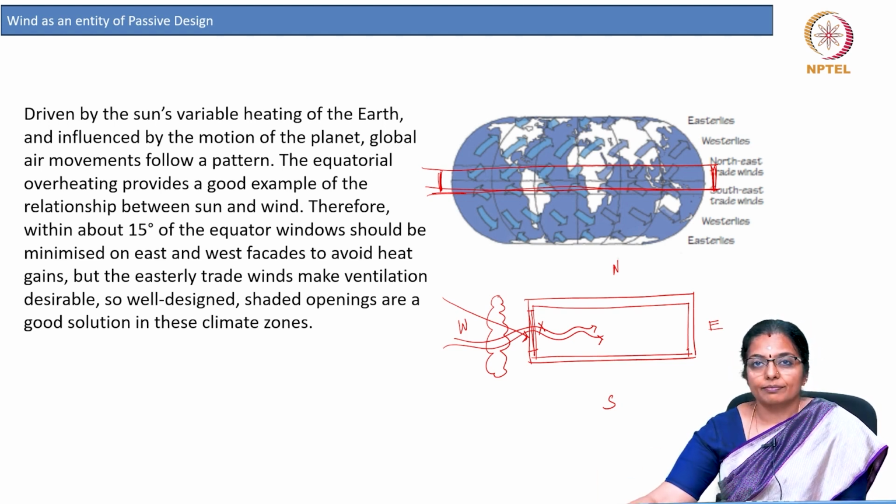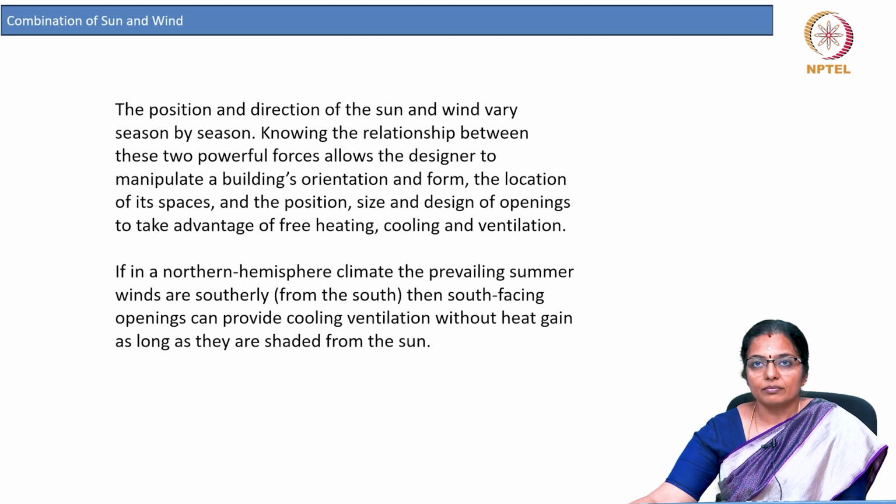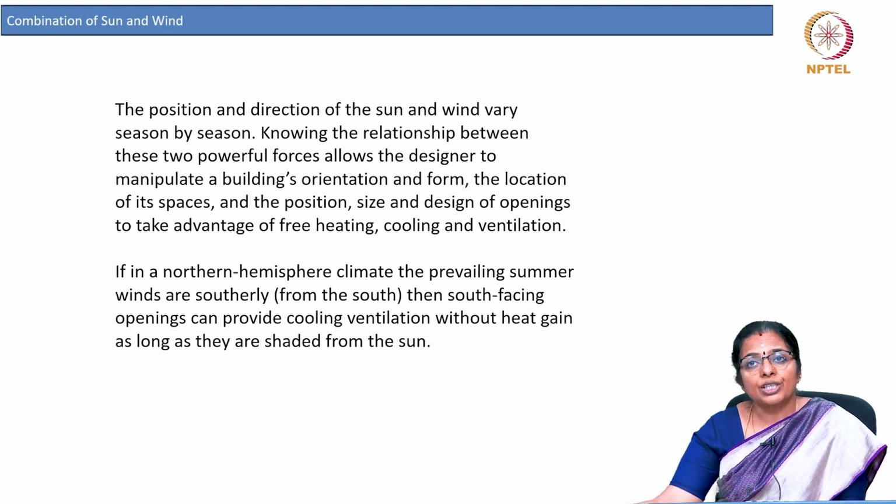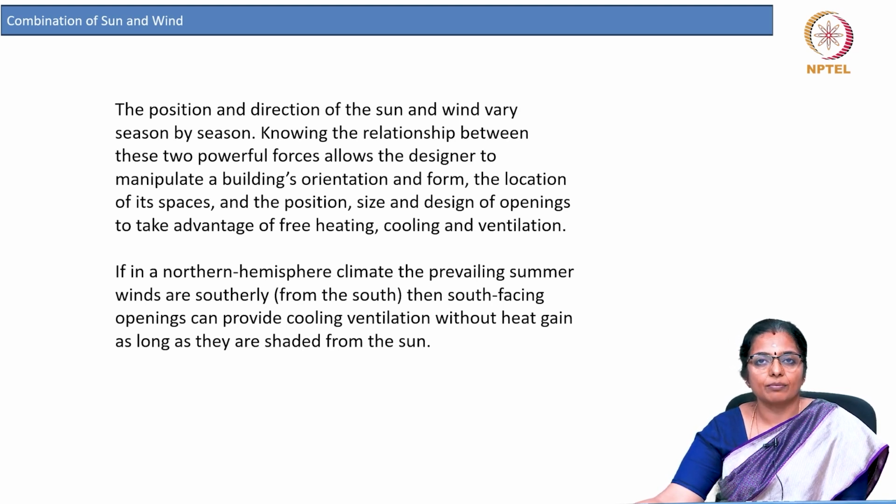Now, the position and direction of the sun and wind vary season by season. Knowing the relationship between these two powerful forces allows the designer to manipulate a building's orientation and form, the location of its spaces and the position, size and design of openings to take advantage of free heating, cooling and ventilation.